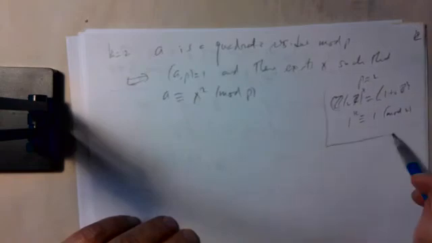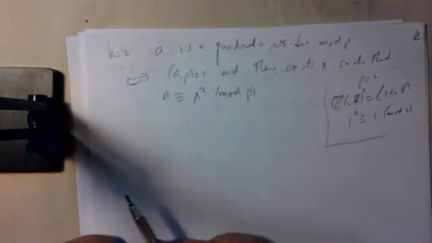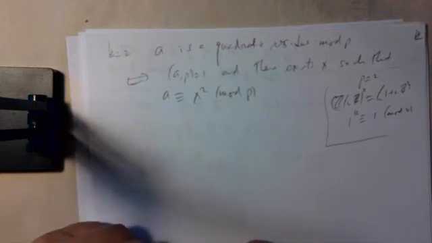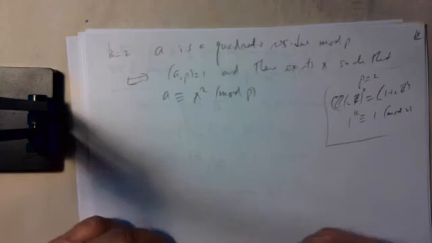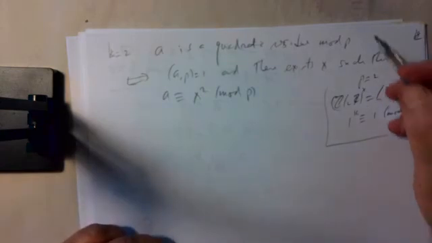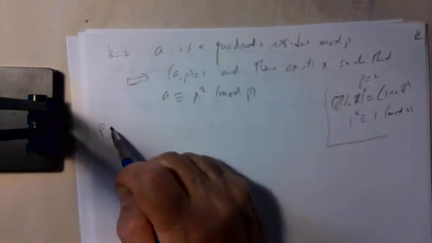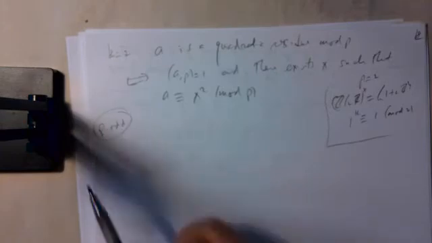So for the prime p equal 2, every number is a kth power and every number has a unique kth root because the only number is 1. So we're going to assume from now on, because it's the only case which is interesting, that p is an odd prime.